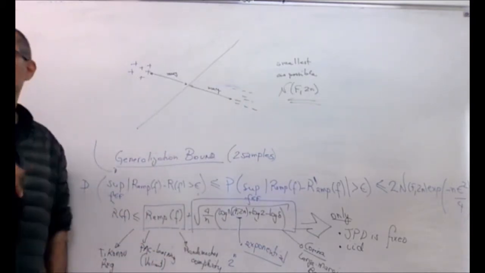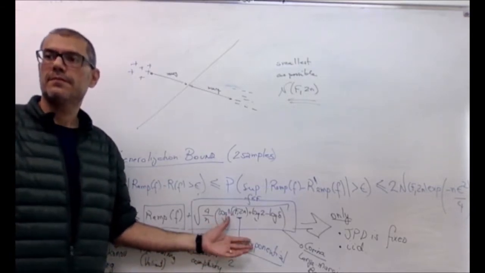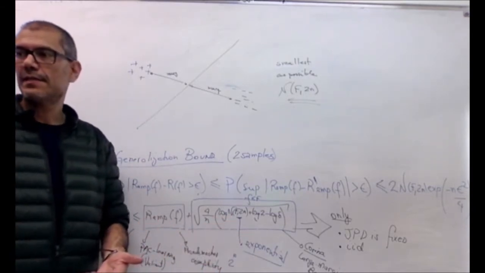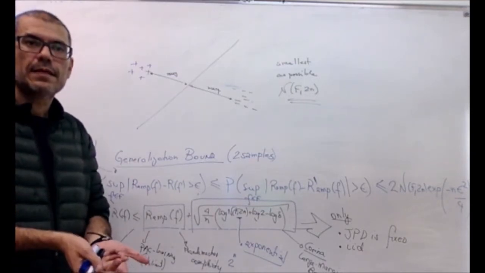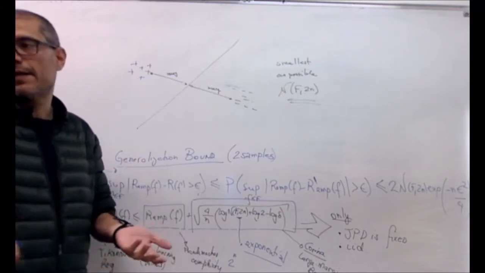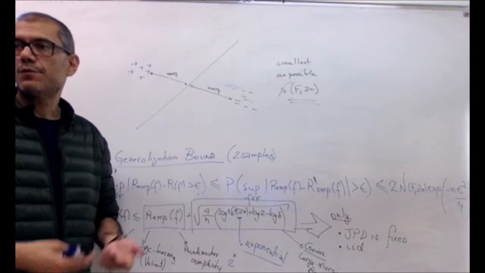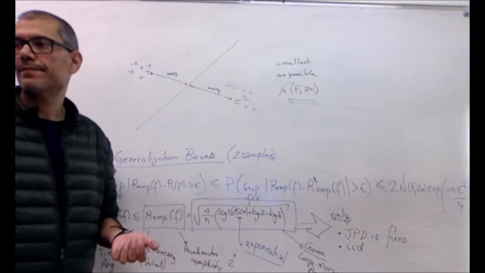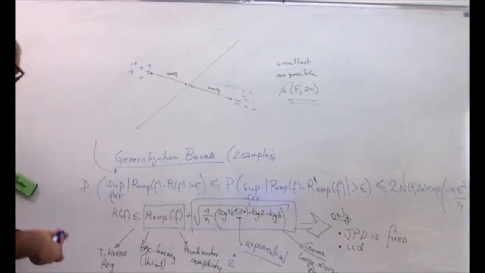If I reduce the shattering coefficient, I reduce the complexity. If I reduce the complexity, I need less data to ensure learning. I need fewer examples to ensure my classifier or my regressor is indeed working in practice.